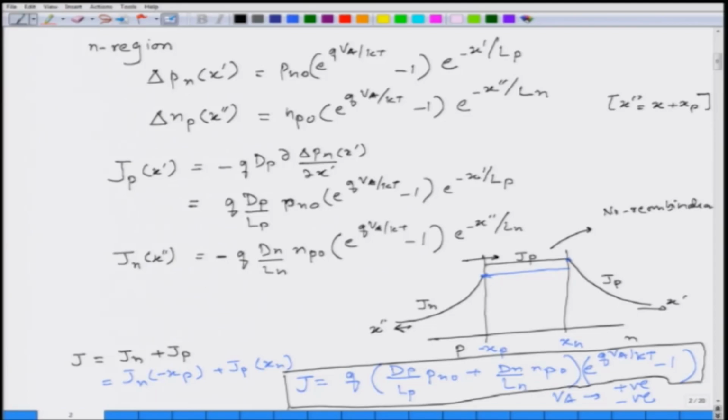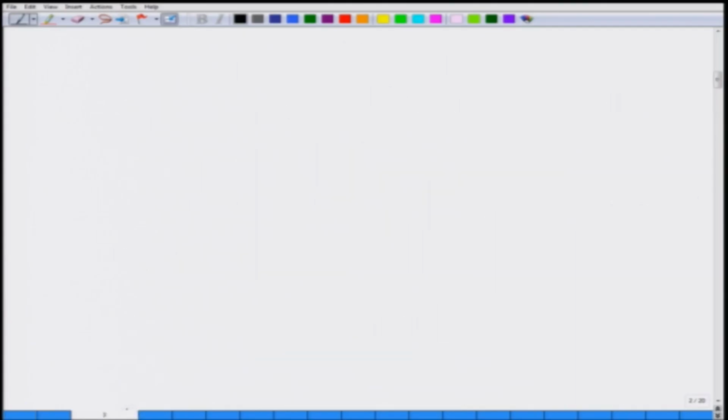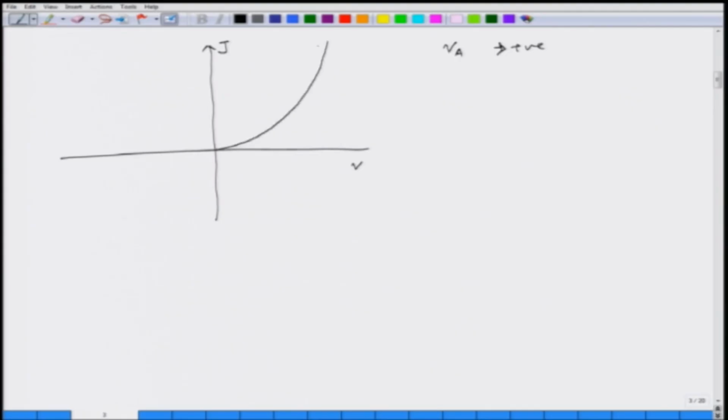So, let us look at the behavior of this function. If I plot this function, this is a general equation. What I am going to get is, I am now going to plot it on J versus V. So, when V A is positive in the forward bias, this is basically giving me an exponential dependence. The current increases exponentially.